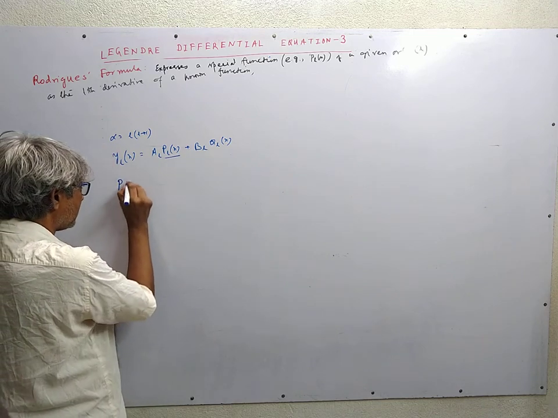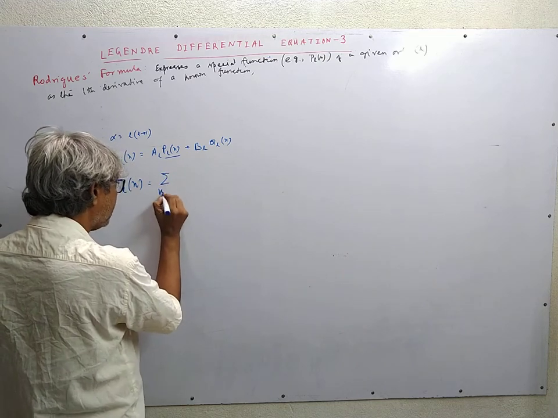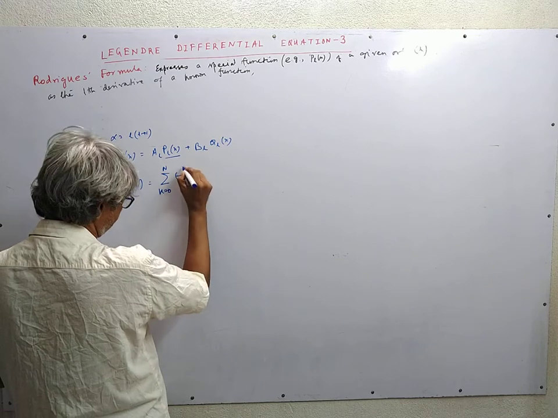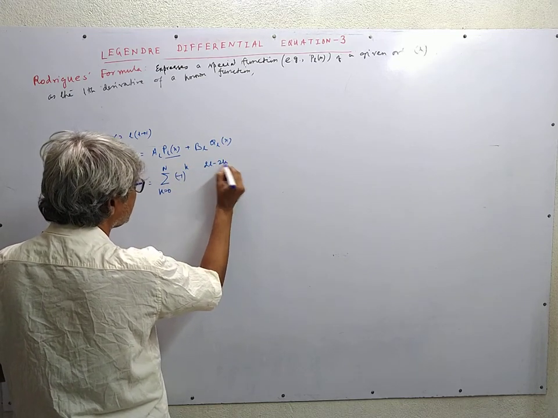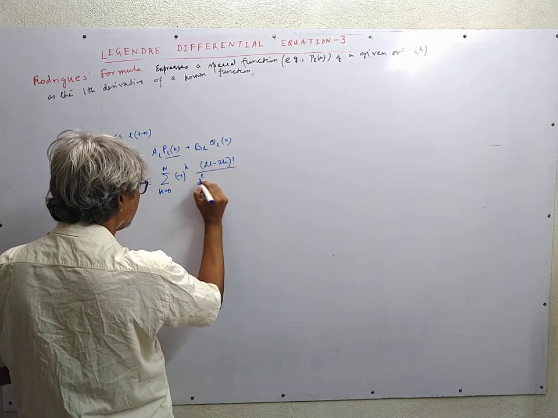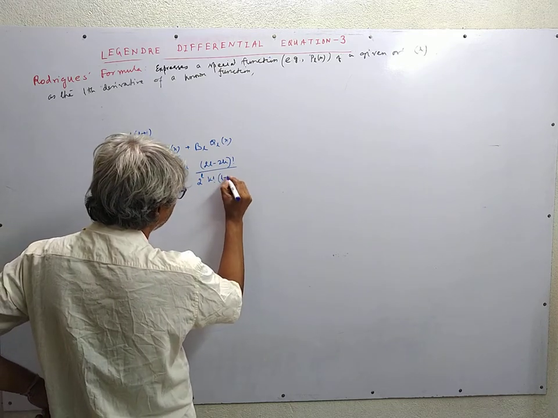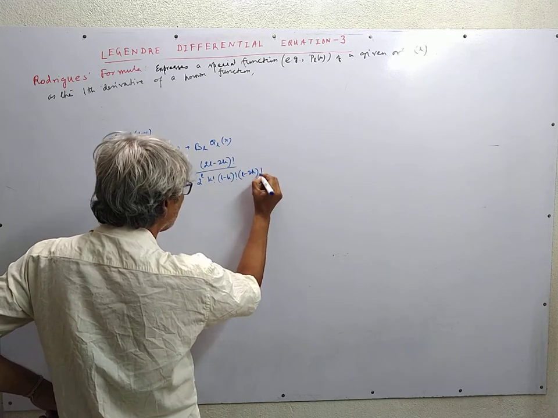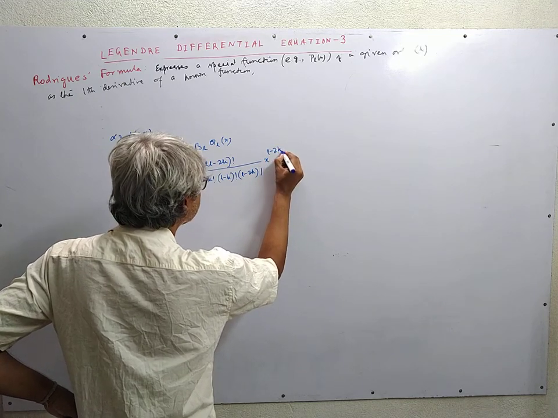In the last class, we have obtained an expression that PL is the sum over k equal to 0 to capital N of minus 1 to the power k, 2L minus 2k factorial, divided by 2 to the power L, k factorial, L minus k factorial, L minus 2k factorial, times x to the power L minus 2k.